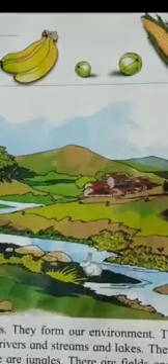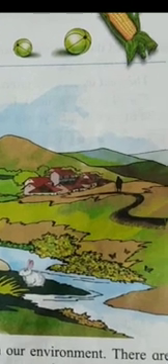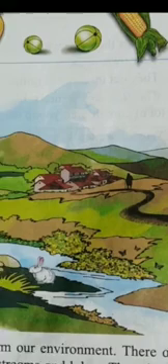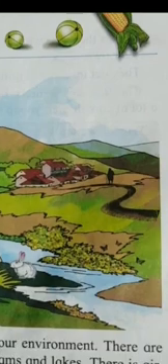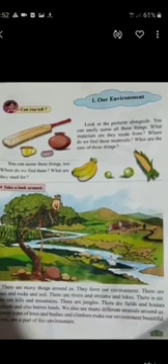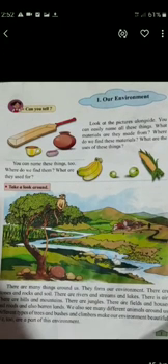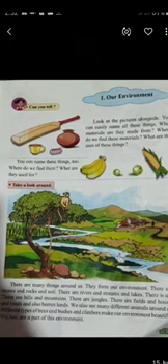A rabbit is shown in this picture. Houses are there. Road is shown. A man is walking. You can also see butterflies. All these things are present in this picture. Children, this picture is nothing but showing us the things which are present in our environment.